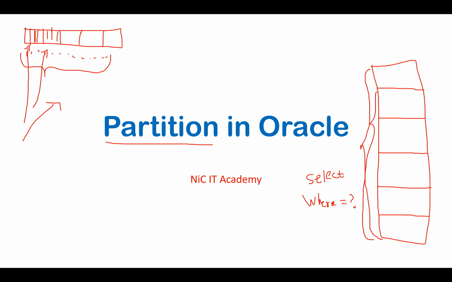If you are not giving this WHERE clause, what will the showroom person do? They will go to one partition and show you, okay, you want these mobiles? You want these mobiles? They will ask some questions and, based on that, go that way. The same thing happens in partitions also.